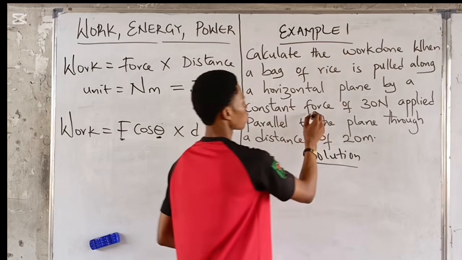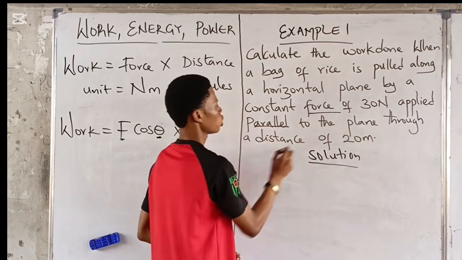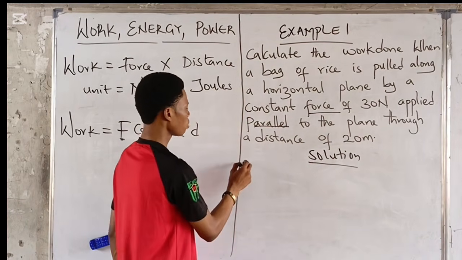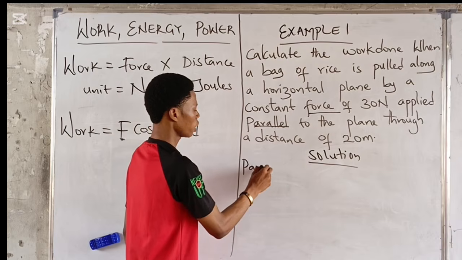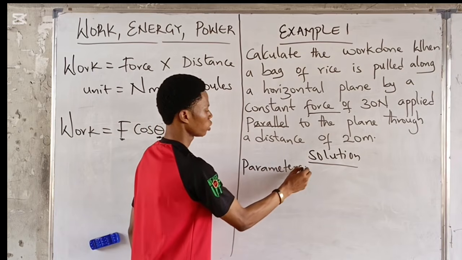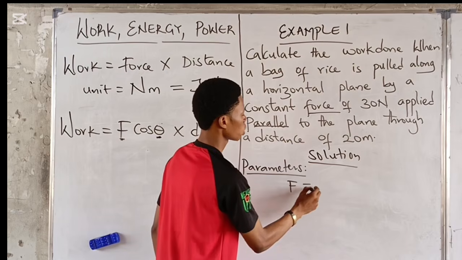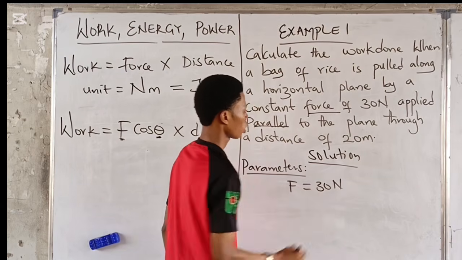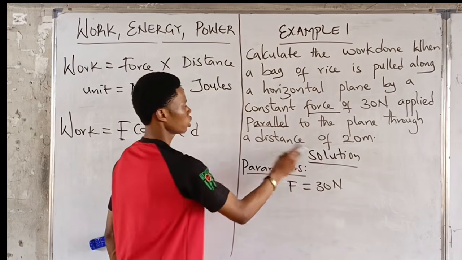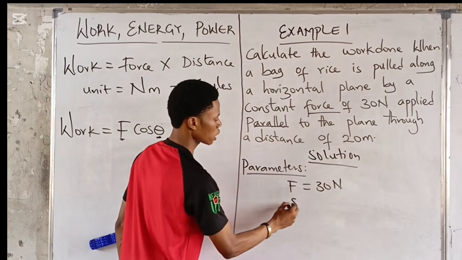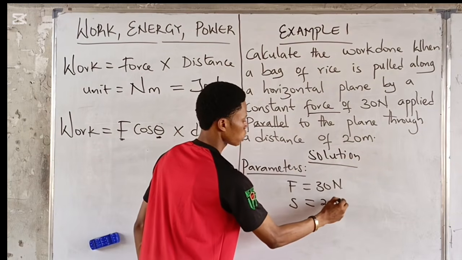No, they said the force is parallel to the plane. So the parameters given: we're given the force as what? 30 newtons. And we're given what again? Distance of 20 meters.